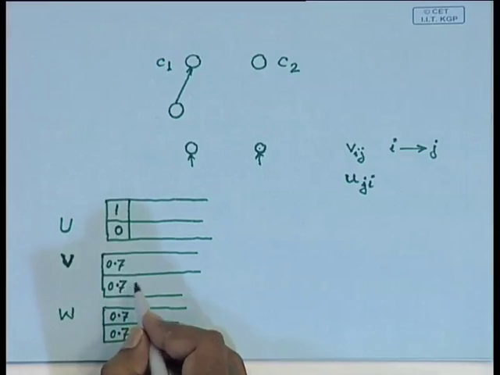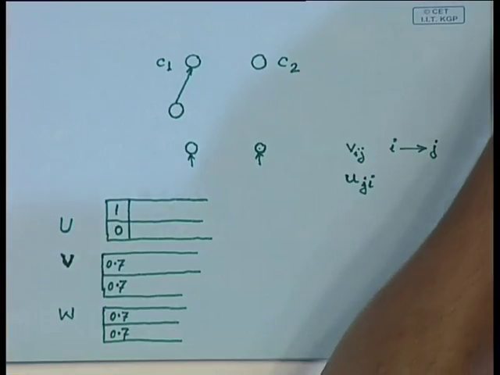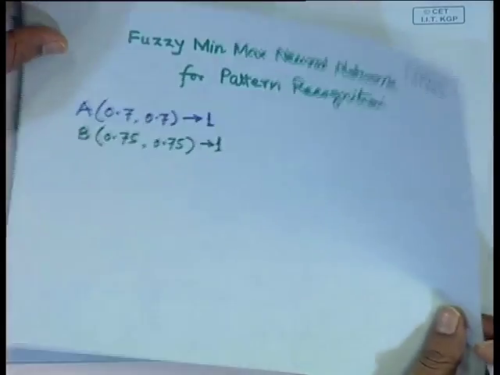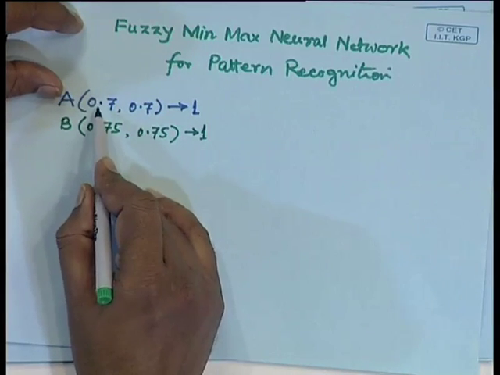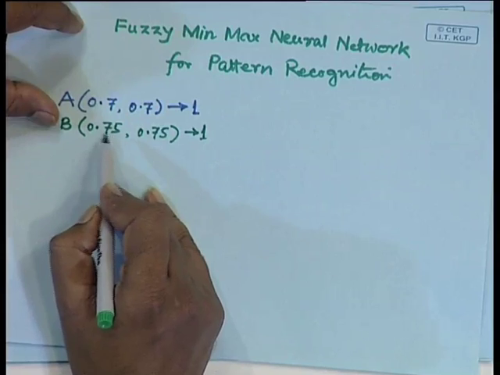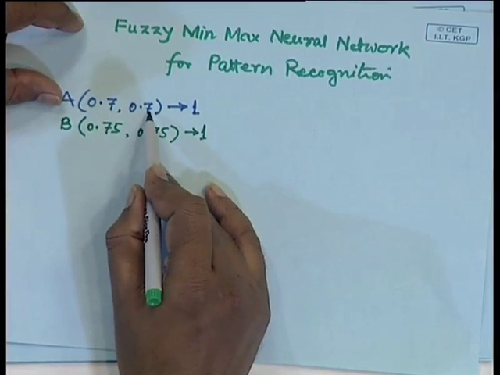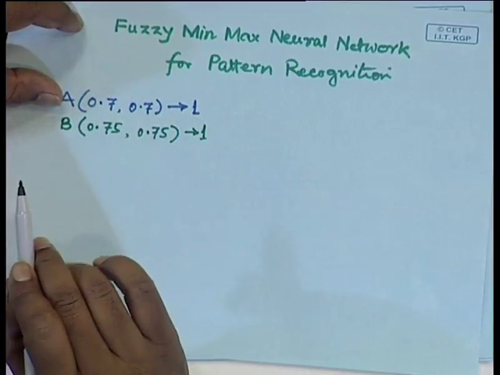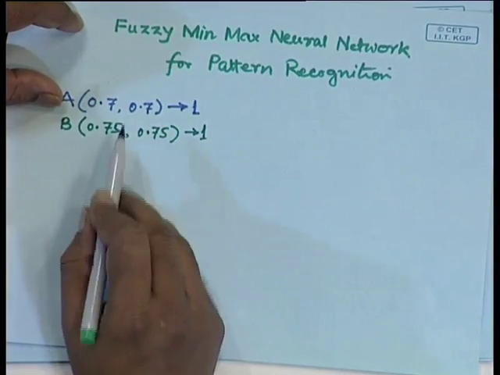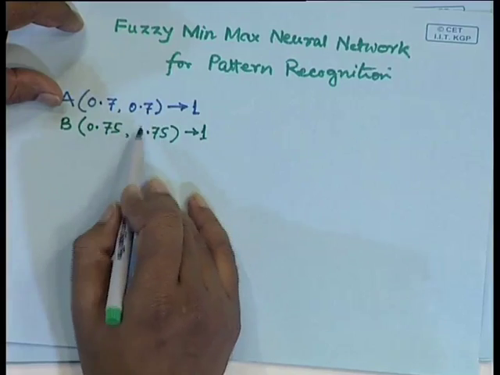Okay. So, what I have to do is over here the min point is now the minimum of these two. In the first dimension, the minimum of 0.7 and 0.75 remains 0.7. Similarly, the minimum of 0.7 and 0.75 remains 0.7. Whereas the max point will be the maximum of these two. Okay.